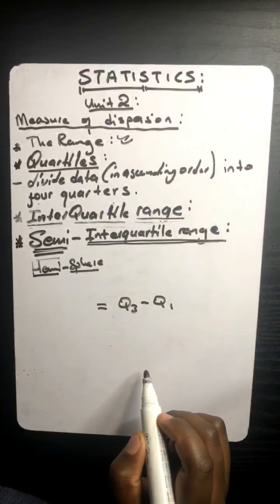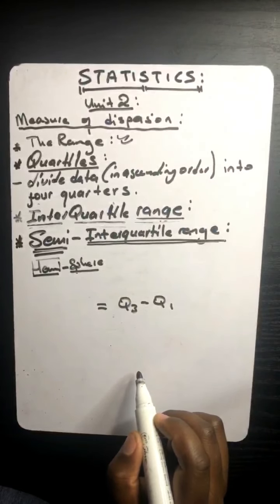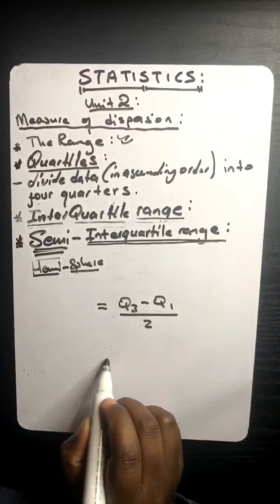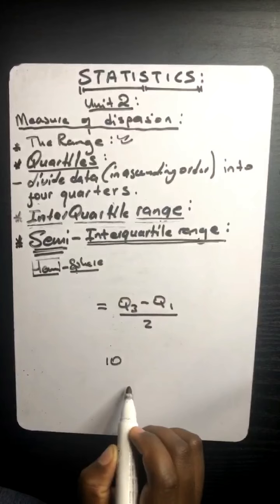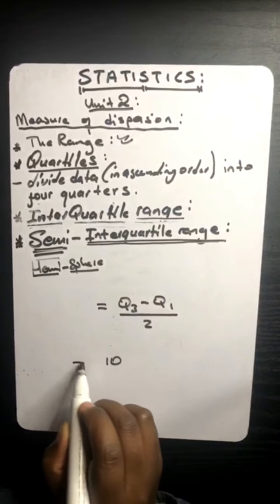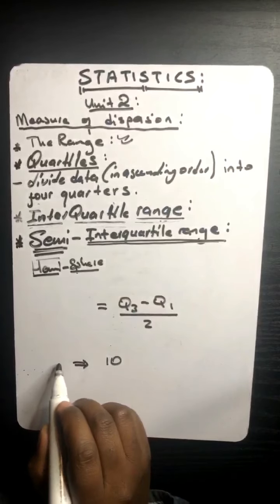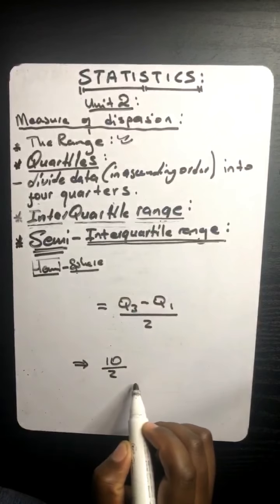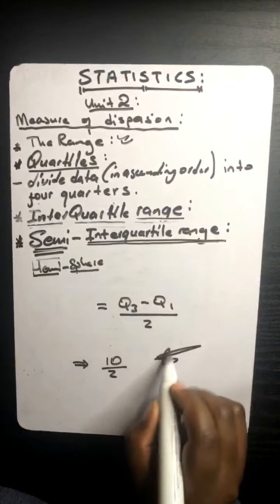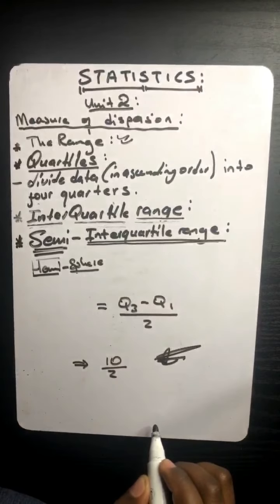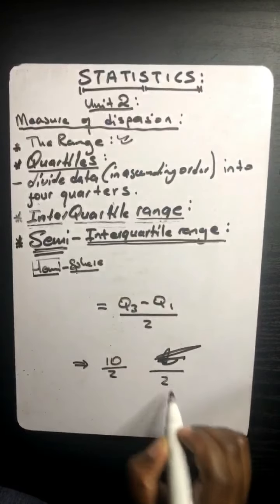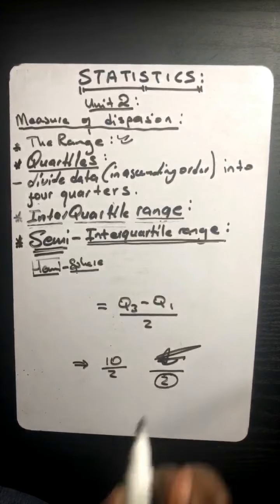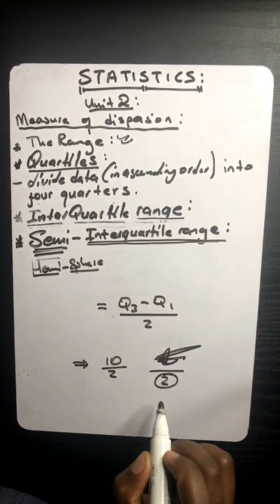And half is anything that is being divided by 2. If you have 10 and we want to know what is semi-10 or hemi-10 or half of 10, you just divide it by 2. If we want to know half, we just divide by 2. Anything that you divide by 2, you are actually cutting it into half.